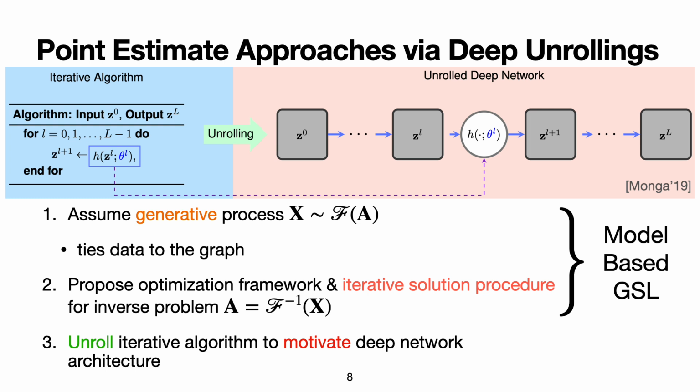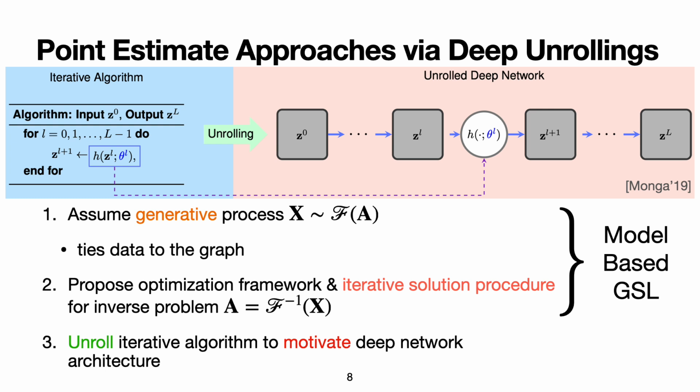Okay, so we produce this model-based point estimate function, and now we want to use unrollings. There are three steps in producing a deep unrolling. The first is we assume some generative process that ties our data to the graph.